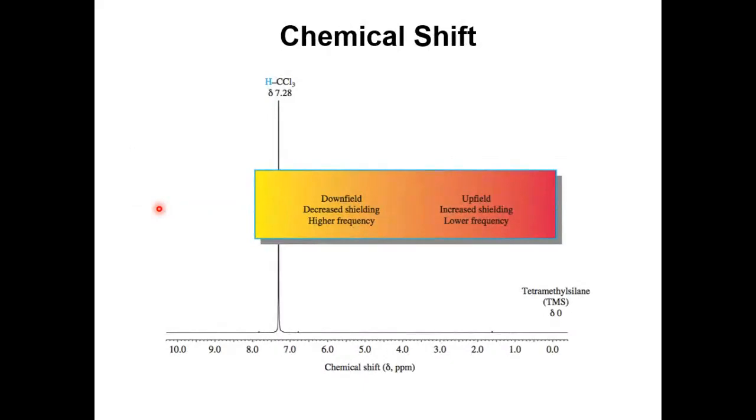So here is one example of an NMR spectrum. The NMR spectrum is usually presented as a plot. On the y-axis we usually don't show the unit, but the y-axis is the absorbance. It means how much electromagnetic wave is being absorbed.